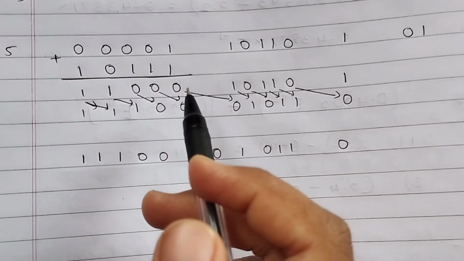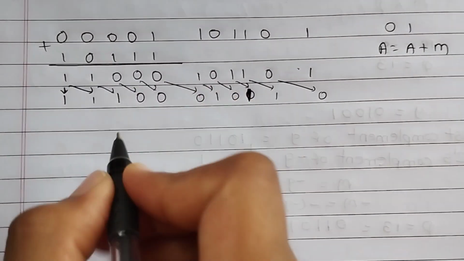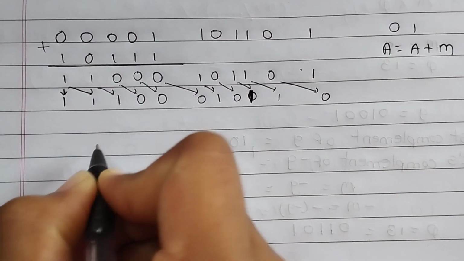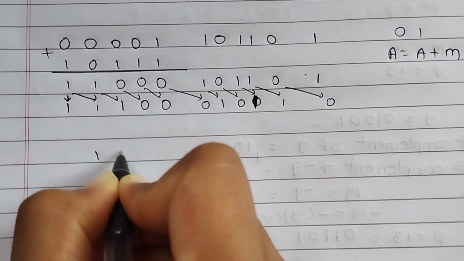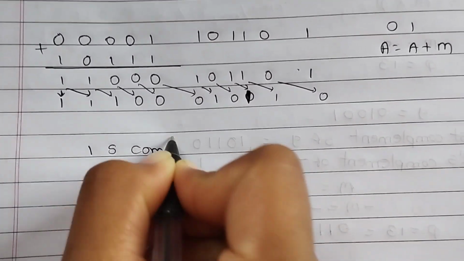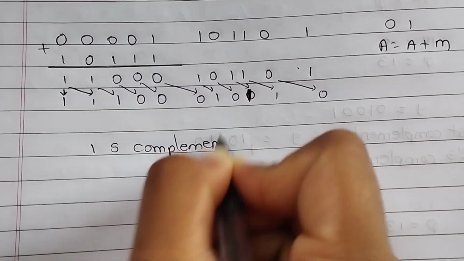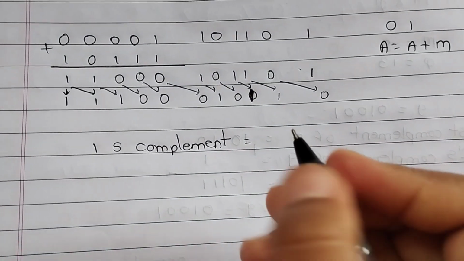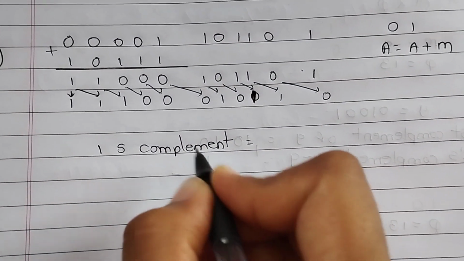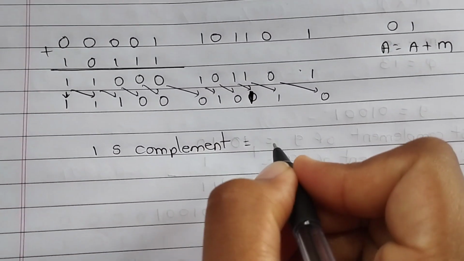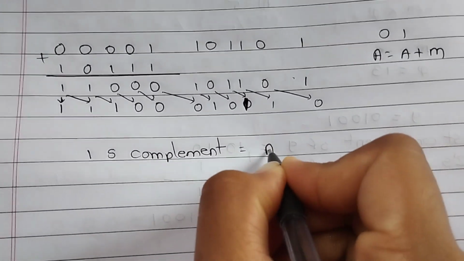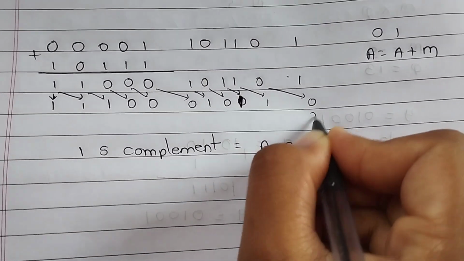This is our result. So for the 2's complement of the result, first we find the 1's complement. For the 1's complement we only consider A and Q, not Q minus 1.